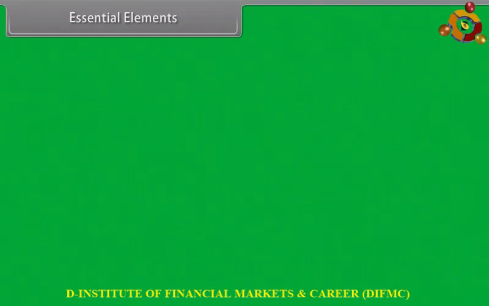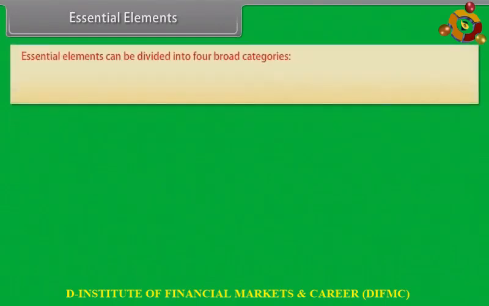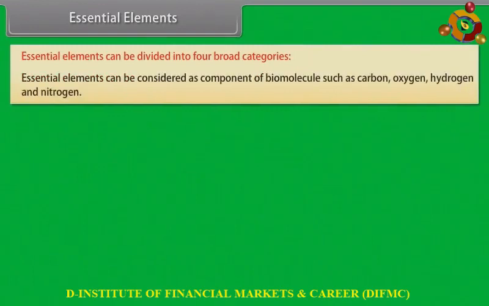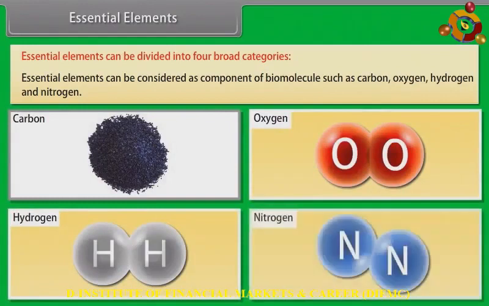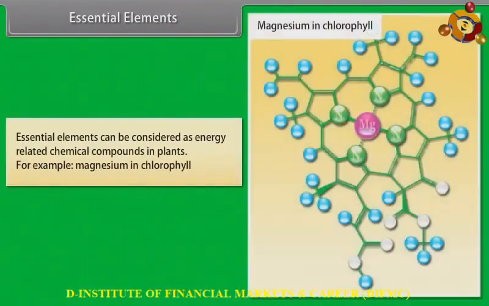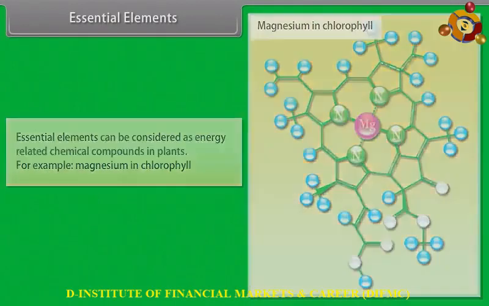Essential elements. Essential elements can be divided into four broad categories. Essential elements can be components of biomolecules such as carbon, oxygen, hydrogen, and nitrogen. Essential elements can be components of energy-related chemical compounds in plants, for example, magnesium in chlorophyll.